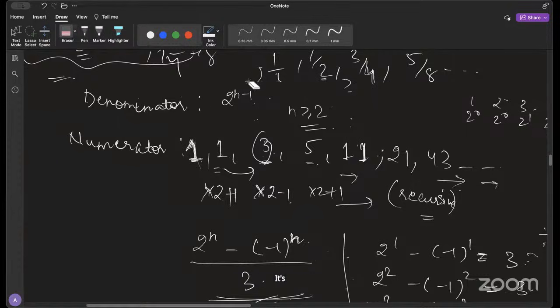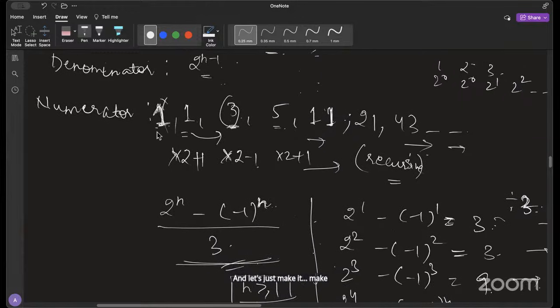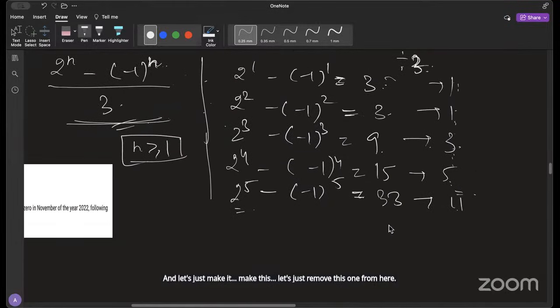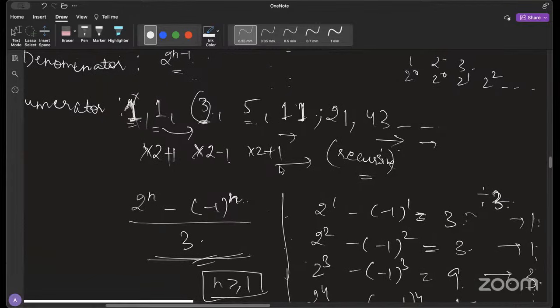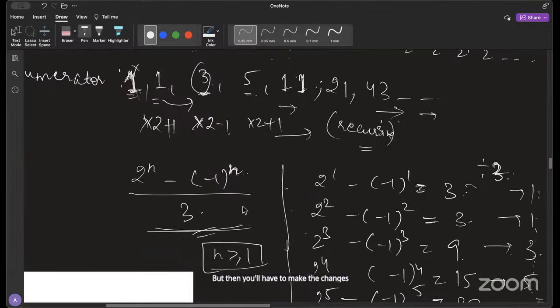Let's remove this one. Now it's fine, right? This sequence, this works. 2n minus 1 works for this sequence, right? For the first term, if you put 1 here, you'll get 2 to the power 0. For the second one, if you put 2 here, you'll get 2 to the power 1. So it's 2 here. So this denominator works for this sequence, right? And let's just remove this one from here. But then you will have to make the changes to n.